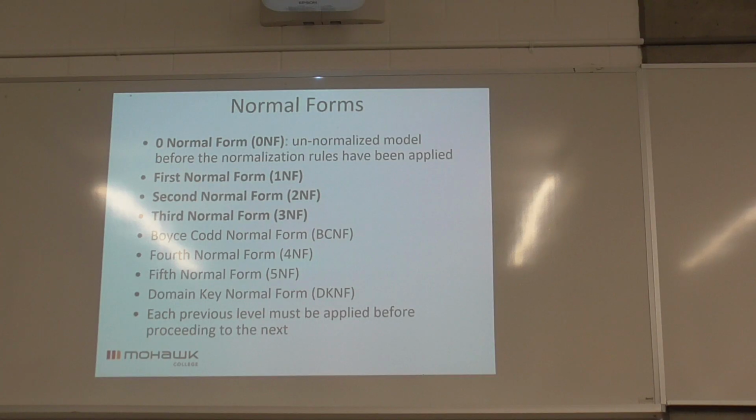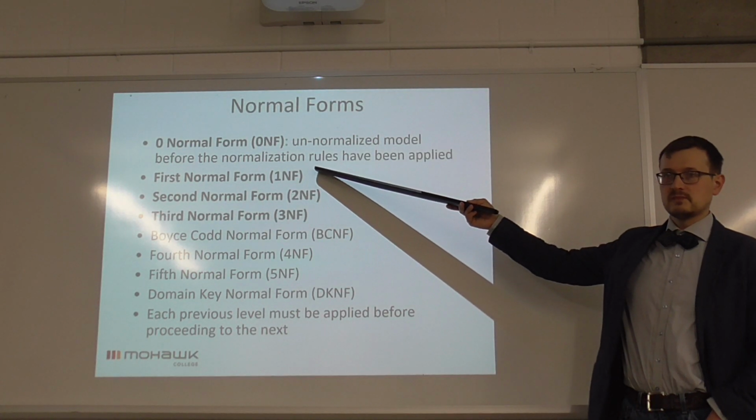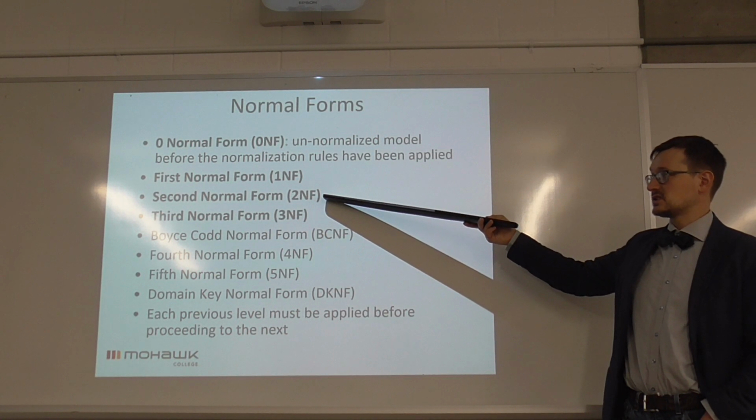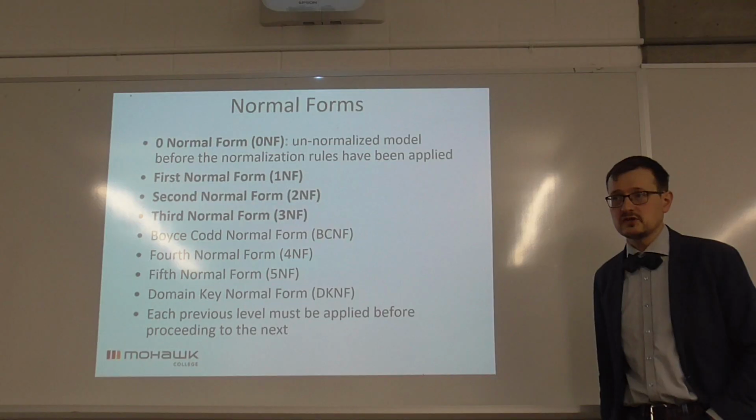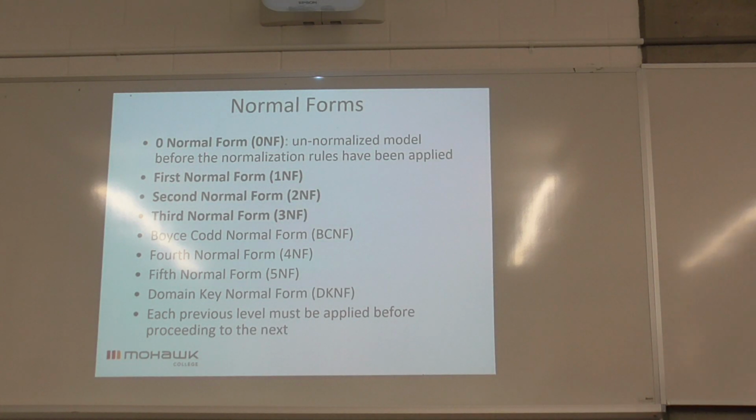We will not worry about Boyce-Codd, fourth, fifth, or domain key normalization. Those are beyond the scope of what we're going to do here, and maybe they'll talk about it in advanced databases, I'm not sure. It's important to understand that this is a constructive process. Each normalization is built on the previous. It is not possible to proceed to second without having first done first. Make sense? So far so good? Good, good, good. All right.